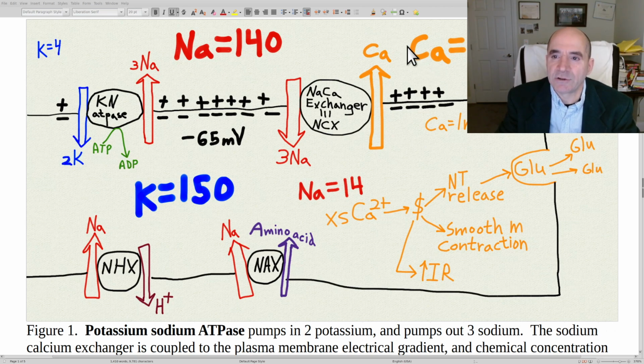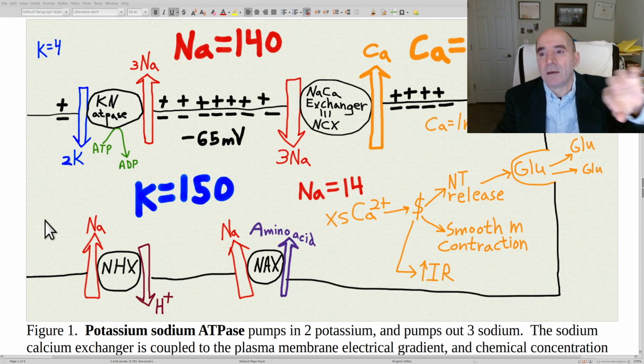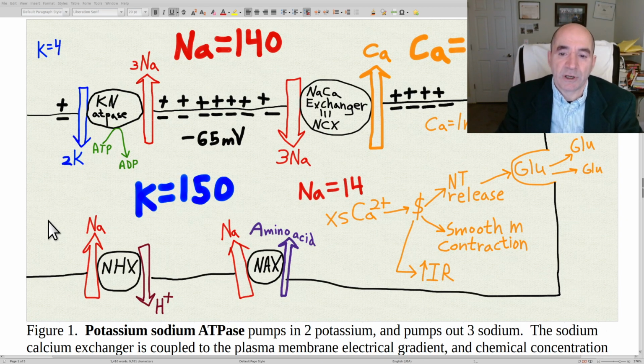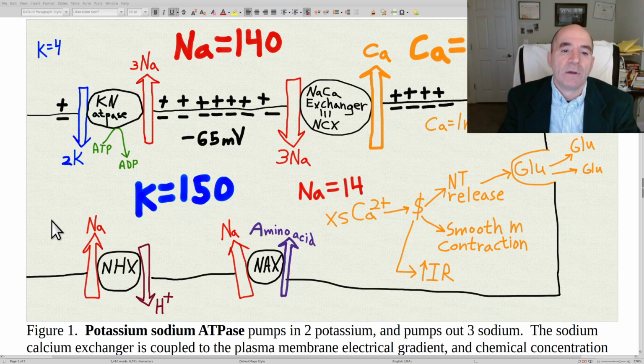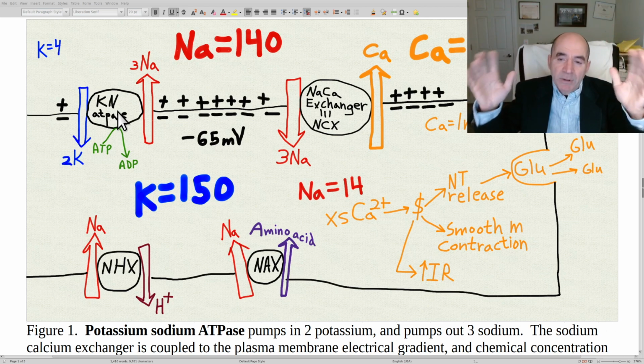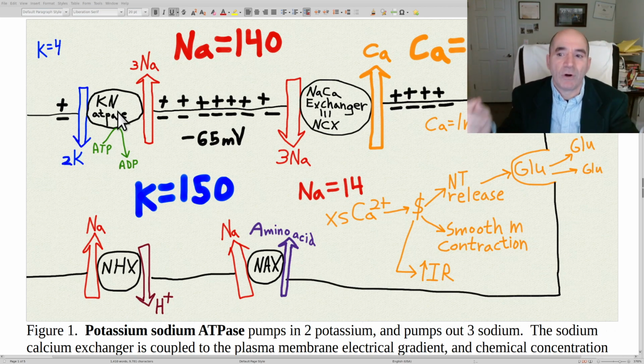There's also an organelle over here, the endoplasmic reticulum, that you pump calcium into to store it, so calcium is concentrated inside the endoplasmic reticulum as well, and you need ATP to run those pumps. The sodium-calcium exchanger that pumps calcium out of the cell is coupled to the ATP used by the sodium-potassium ATP pump. The bottom line is you need ATP energy to pump calcium out. You have to know that.